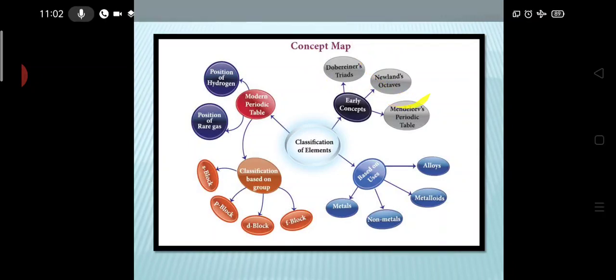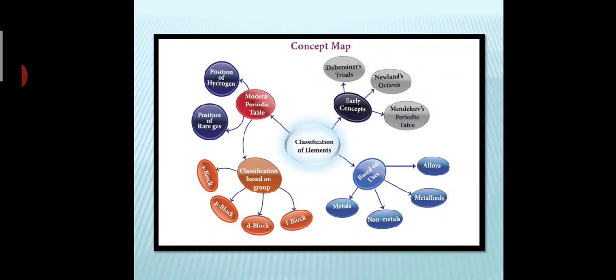Newlands' octaves: what he said is, like music notes 1 to 8, where the first and last notes are the same, in the same way the properties of the first and last element were similar. Mendeleev's periodic table was based on what? Atomic mass. Later on, the modern periodic table came, which was based on the atomic number, given by Henry Moseley.